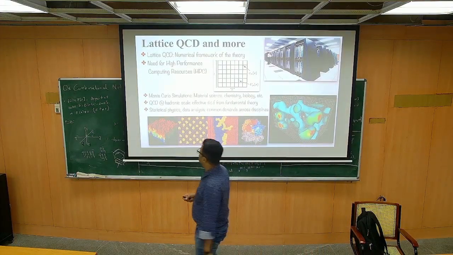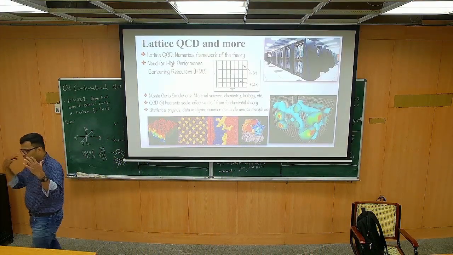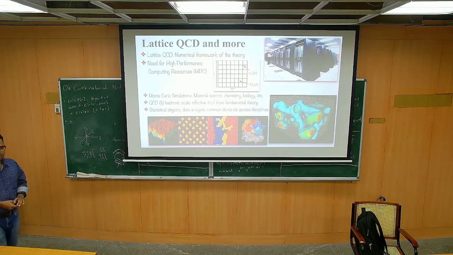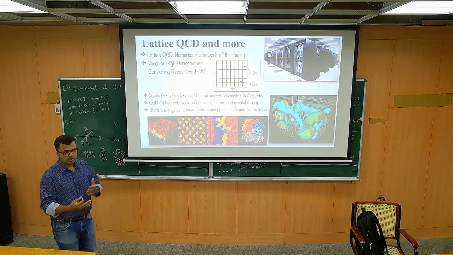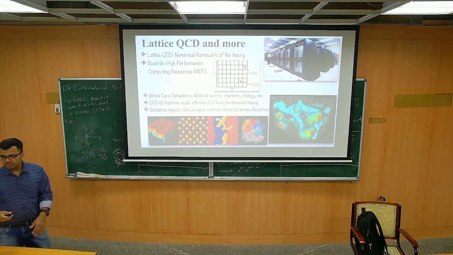So lattice QCD, as I said, we consider a space-time, or else if you are not familiar with relativity, you can also assume just space. We just discretize the space, put the theory on that space and try to simulate it. We know the driving principles of how this theory will evolve.